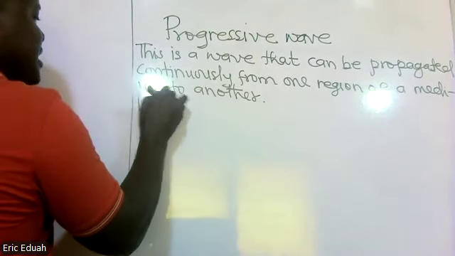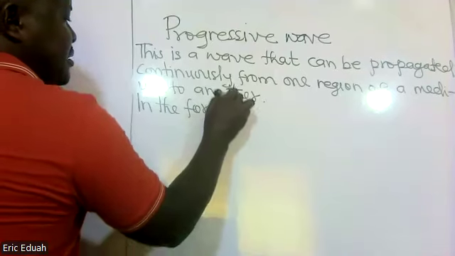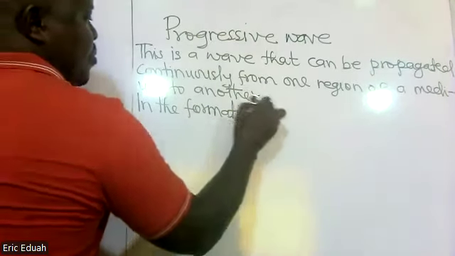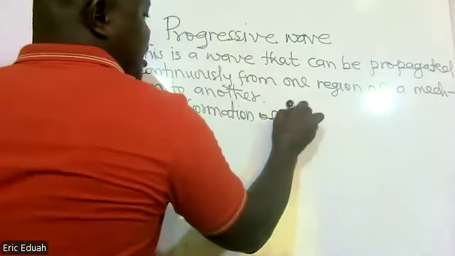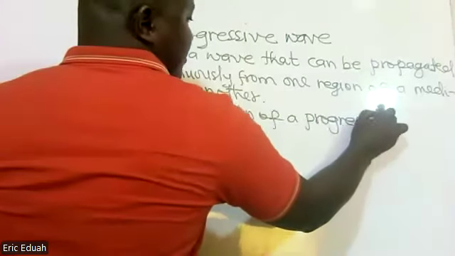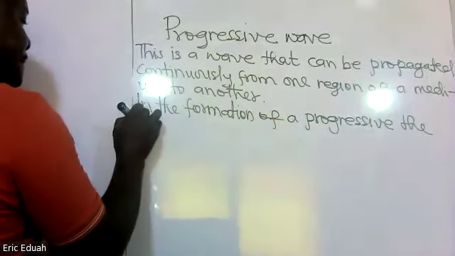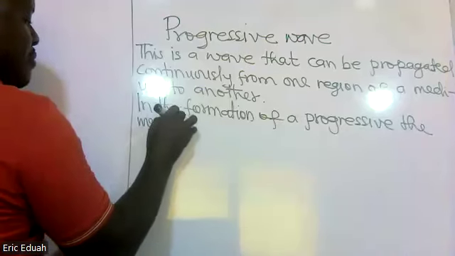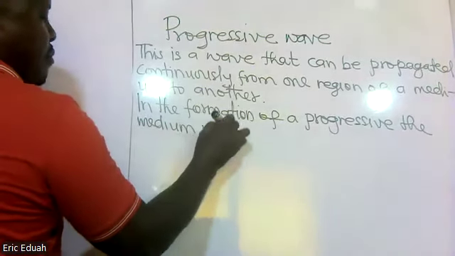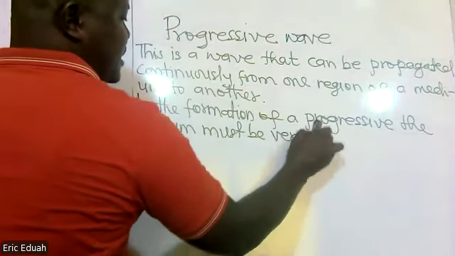In the formation of a progressive wave, the medium must be very large.